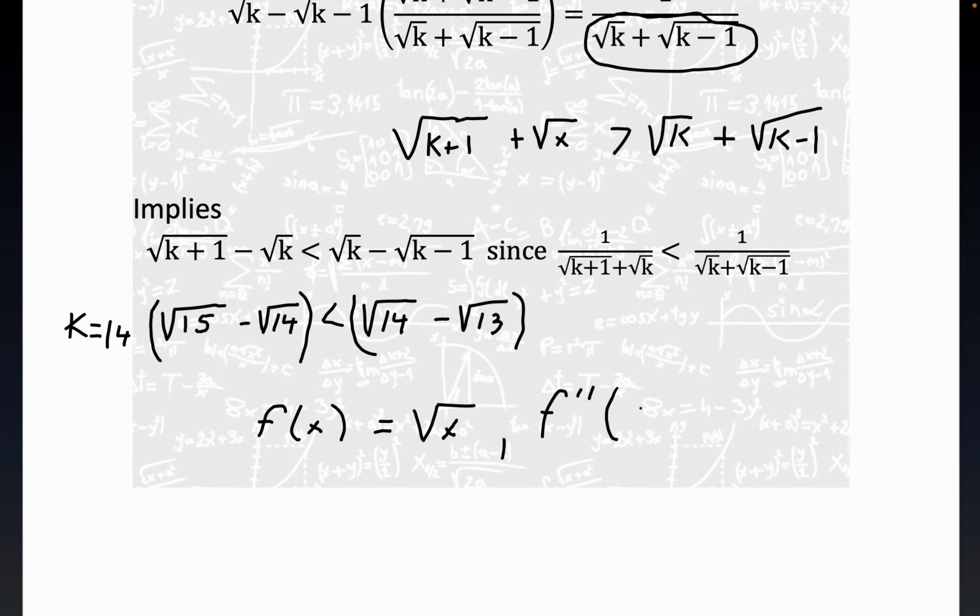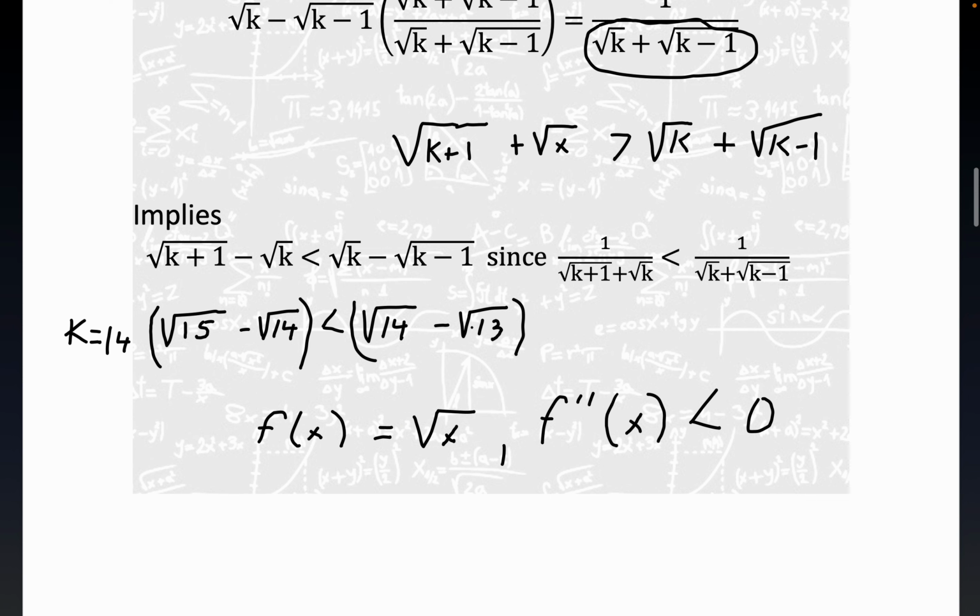You drag the 1/2 around to the front, and it'd be minus 1/2. Then when you do the second derivative, you get that it's less than 0. What that means is that the graph of f of x is increasing at a decreasing rate. And so you can see why the difference of these two numbers is going to be a smaller number than the difference of these two numbers, because of the nature of the graph.